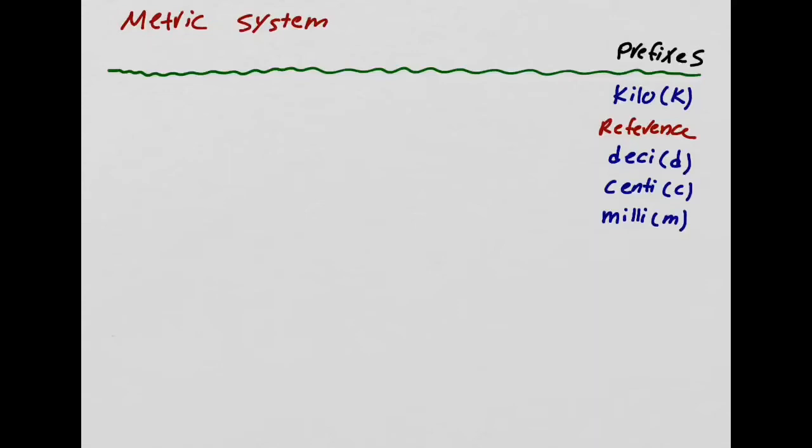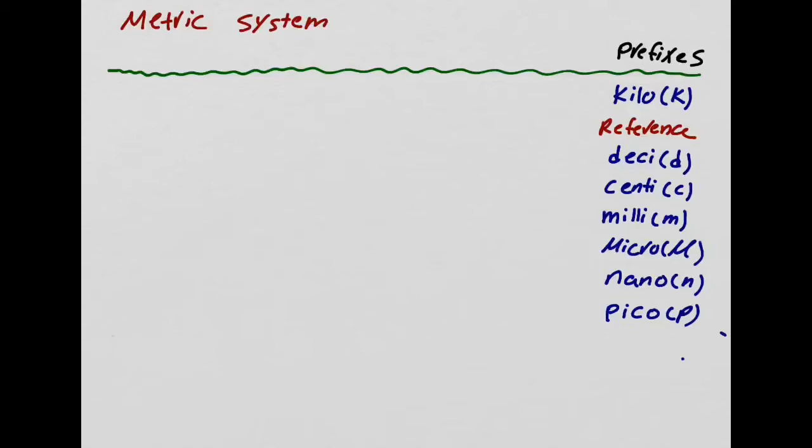After that is micro. Mu is an abbreviation, it's kind of a U with a little line. After micro is nano, lowercase n. What's after nano? After nano is pico, lowercase p.